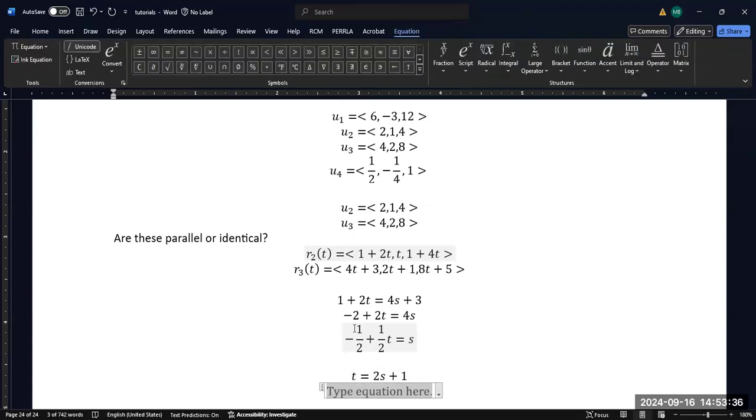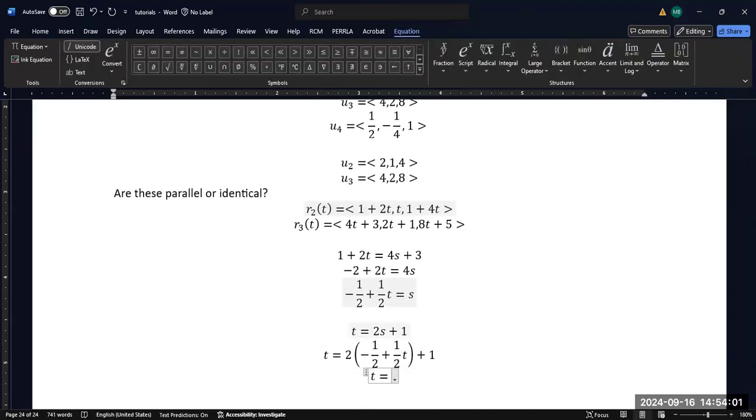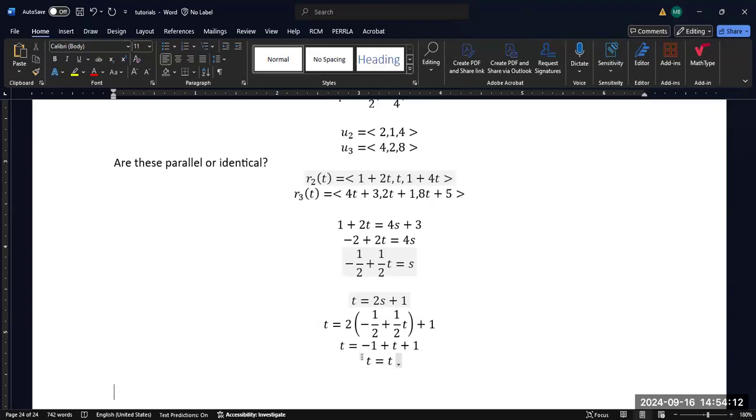Now I can plug in my previous expression for s to see if I get an identity. So 2 times (-1/2 plus 1/2 t) plus 1. T is going to be -1 plus t plus 1. Those do give me the same thing. That's an identity. So they're both satisfied at the same time.